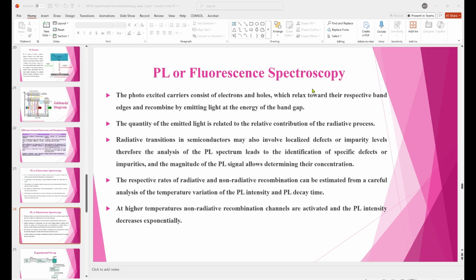So if you place your detector at 180 degree for fluorescence spectroscopy, you will get transmitted light. Some light will not be absorbed by your sample, so you will get both transmitted light as well as your lambda emission, your emitted light, your fluorescence.